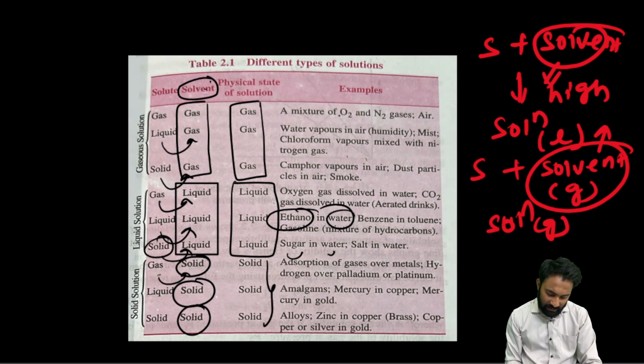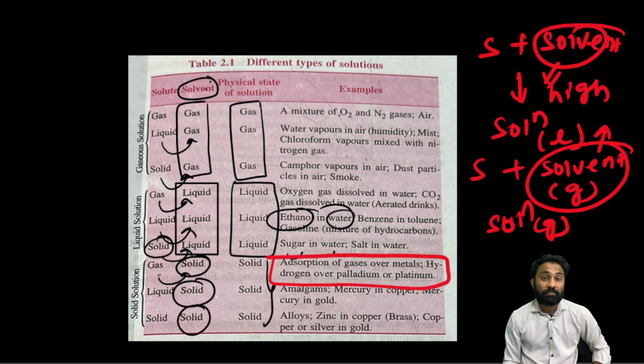Next, gas and solid. Clear? Adsorption of the gas over the metal, and hydrogen. This is a well-known example. Already we have studied this in the first year in hydrocarbons, that is catalytic hydrogenation. What is catalytic hydrogenation? Now you see.